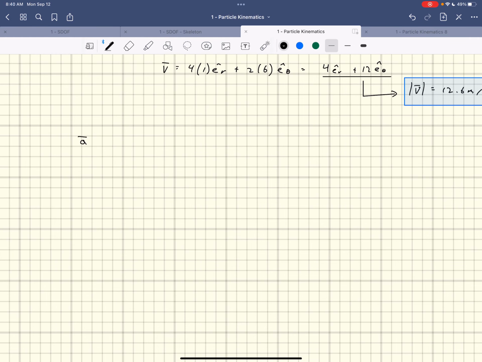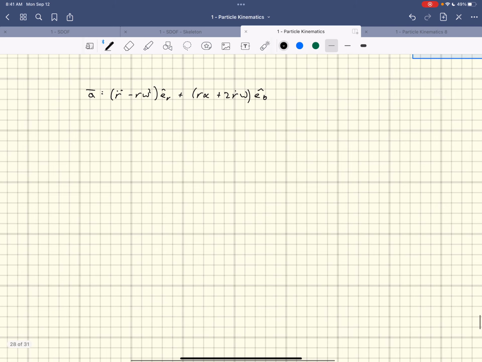The second part is the acceleration. This is just r double dot minus r omega squared in the e_r direction, plus r alpha plus 2 r dot omega in the e_theta direction. Right? And then plug in all of our components here.